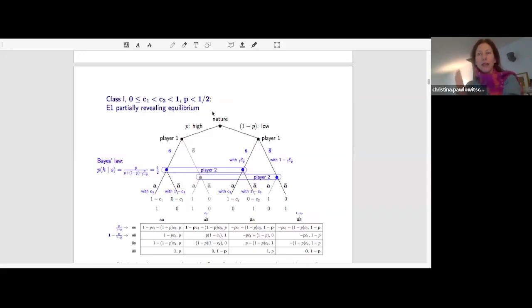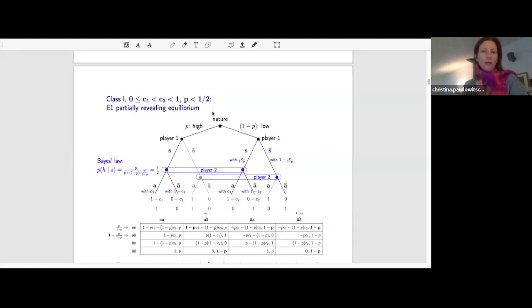That's a critical parameter in this model, because that's the probability at which player 2 is indifferent between accepting or not, irrespective of whether she has seen the signal or not, because that's not payoff relevant for her. This will define critical cases that we need to distinguish for our equilibrium analysis.